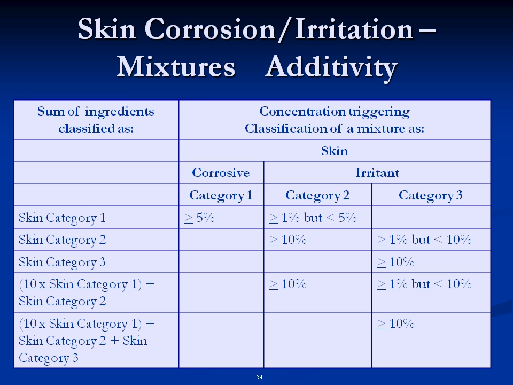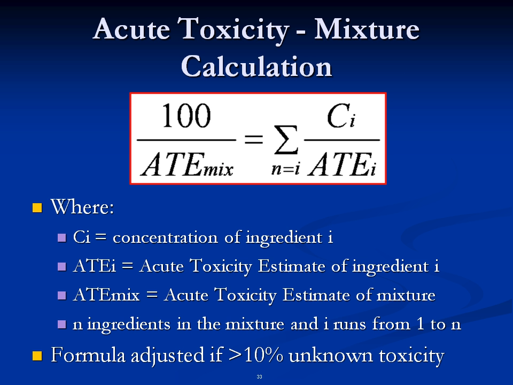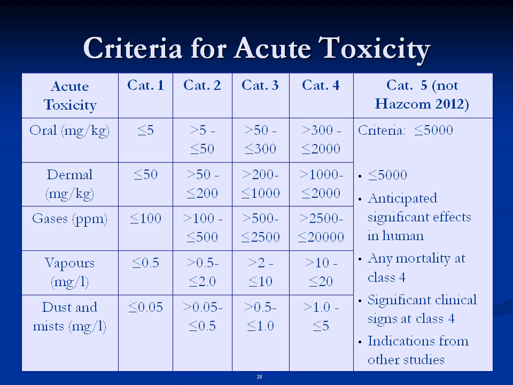Then we take that number and we will go back to the table that we had originally and just put that number into the cells and figure out what the classification of our mixture is using the acute toxicity table. So just a reminder, we take that number 327 that I calculated and figure out where it would be.